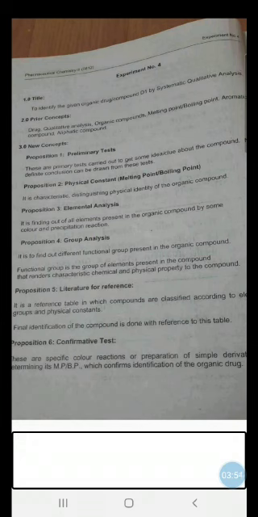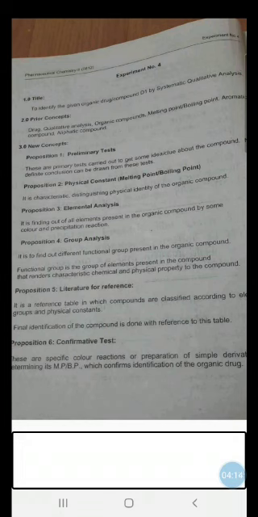After that you have to refer the literature and find out which is your compound by correlating the physical constant which you have determined with the functional group you have detected. Considering that, you have to match with which compound it is matching.